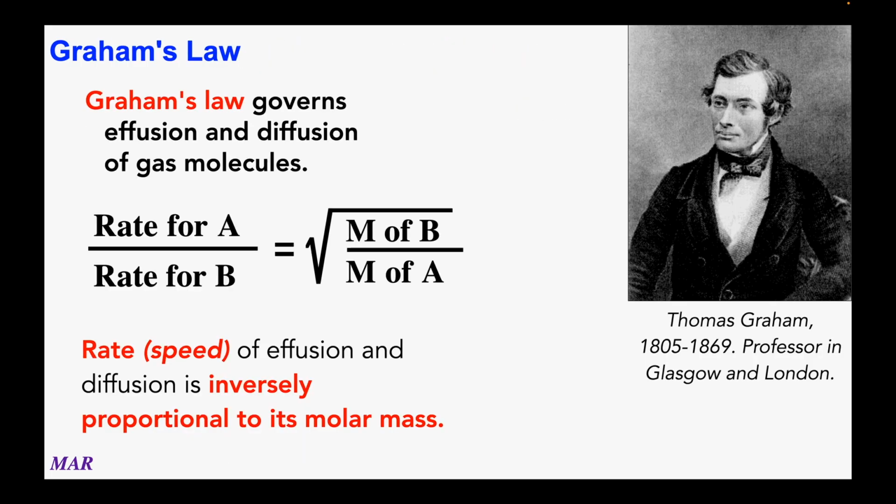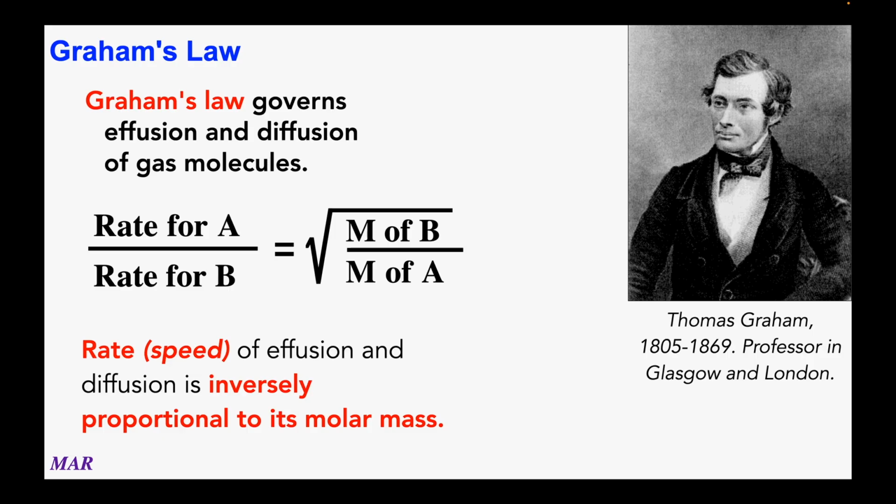Graham's law is a relationship that talks about how to figure out what the rate will be of effusion and diffusion. And essentially what Graham found out is that the rates, the speeds that these things will diffuse and effuse, are inversely related to the molar mass.